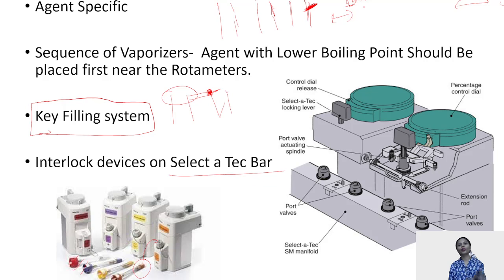This is in order to prevent condensation and thus the mixing of the inhalational agents with each other. Not going into so much detail, you only have to remember that when we ask which vaporizer has to be just near the rotameter, out of the four, the vaporizer with the lowest boiling point is going to be just near your flow meters.